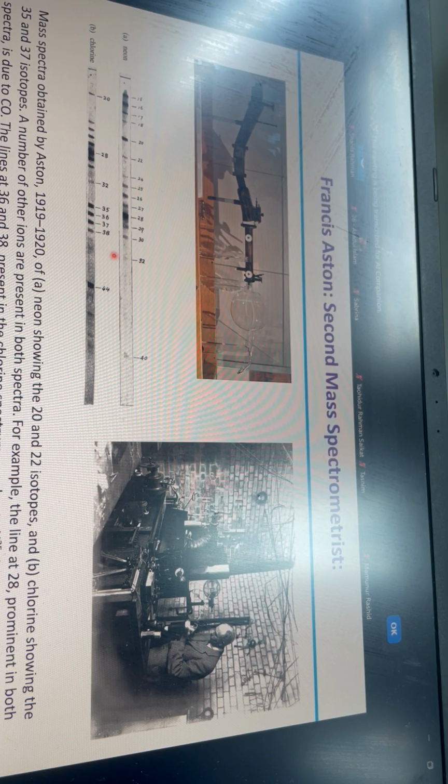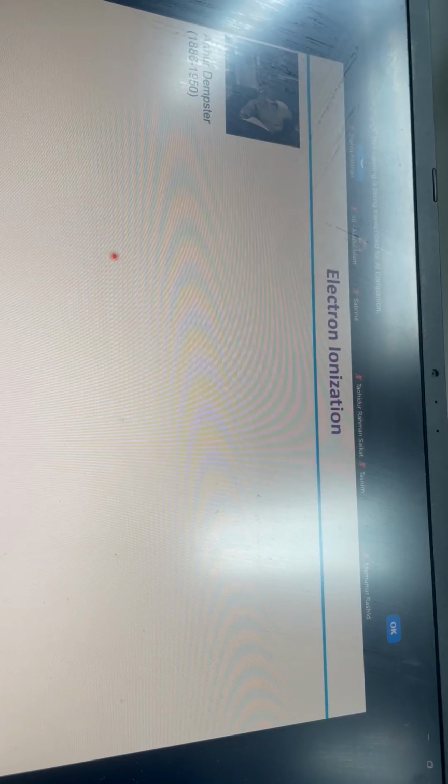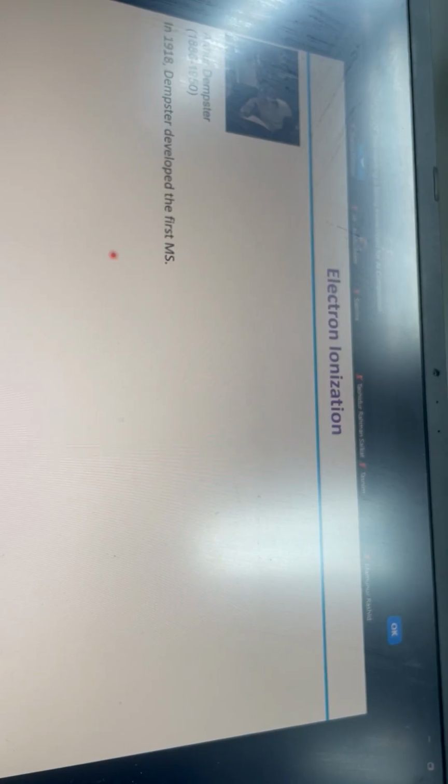Then that was the work, and then there was the Second World War. So there is another guy in USA, a Canadian American scientist, Arthur Dempster. After the First World War, he also developed a first mass spectrometer.